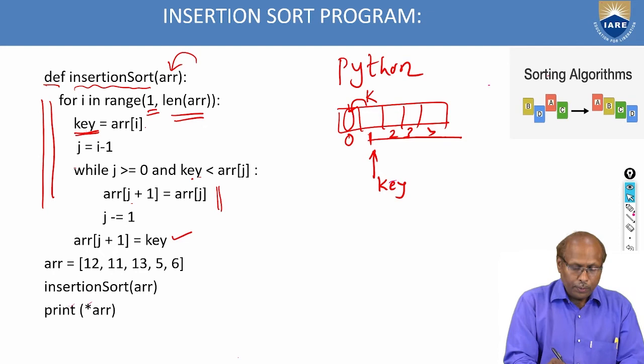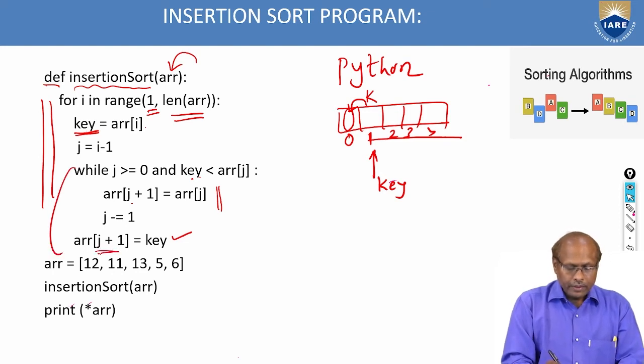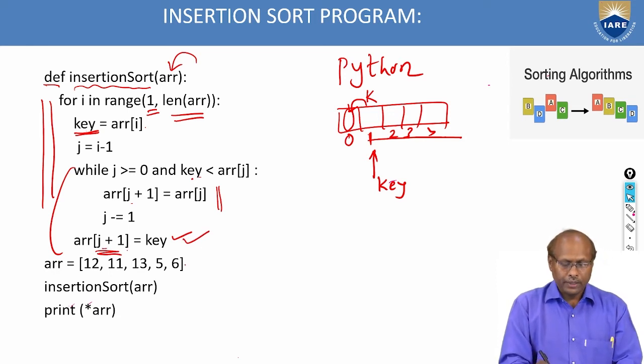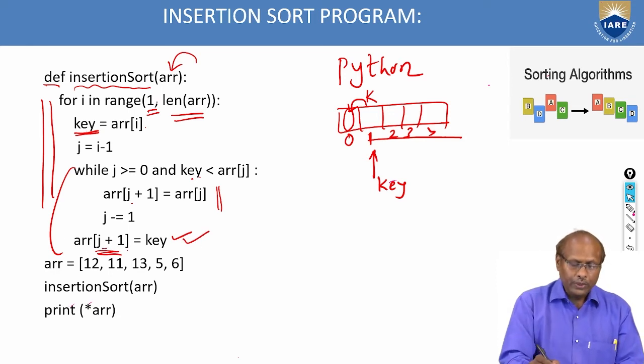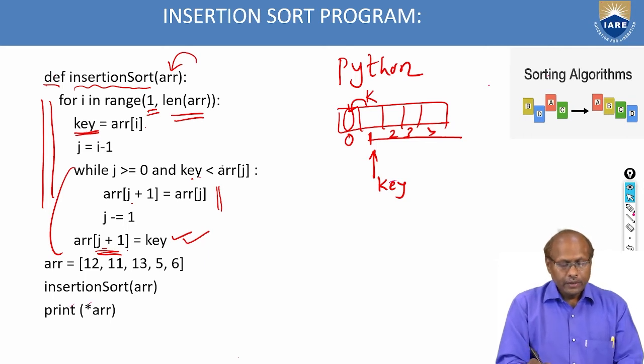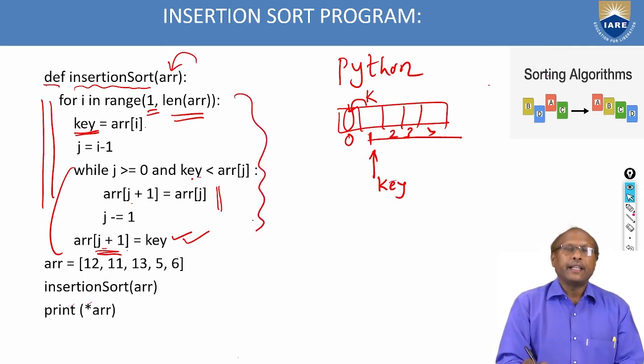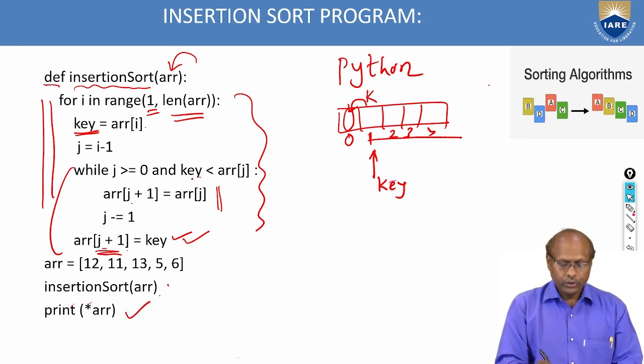When the loop terminates, since j has already decreased, array of j plus 1 is my key. So the key is copied. This process will continue till the end. Once the entire array is sorted, I will print the entire array. So this is the simple program to print it.